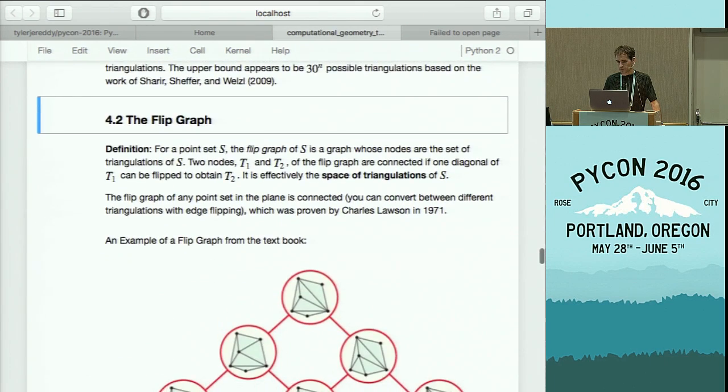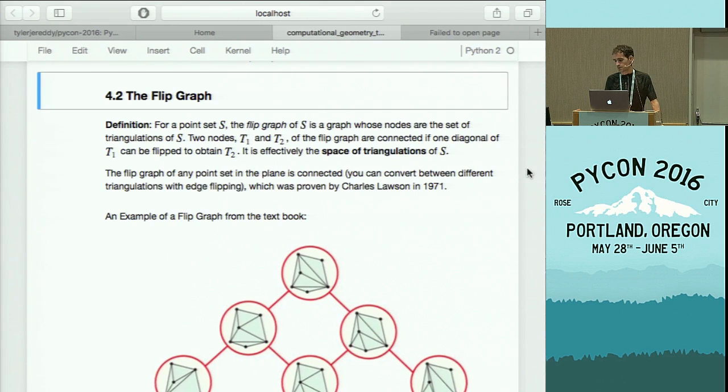So in terms of triangulations with special properties, and how you calculate a specific type of triangulation, and how you move between different types of triangulations, it's important to understand the concept of the flip graph. The flip graph is basically the space of all possible triangulations for an input data set.